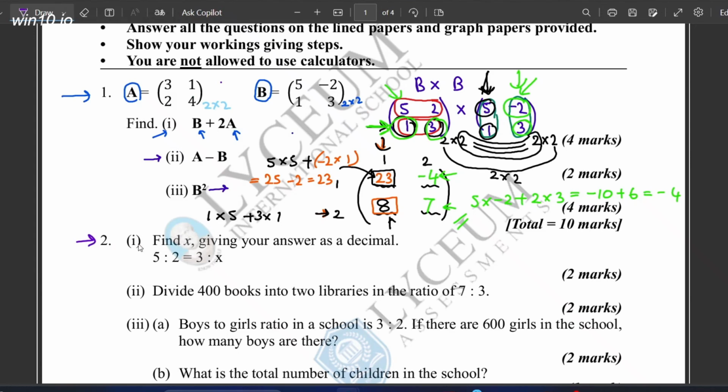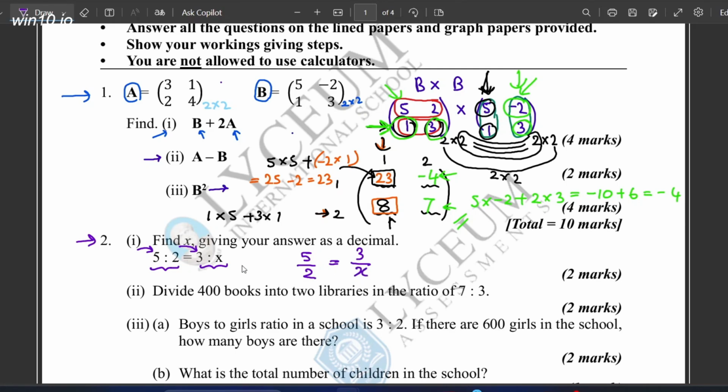Then in the second question, they have given us find x, giving your answer as a decimal. Okay, now you can see this is two ratios. We know that we can write ratios as a fraction. That is the thing we are doing here. 5 over 2. If you wrote the first part of the ratio as the numerator, always in the second ratio also the first number should be the numerator. So 3 over x.